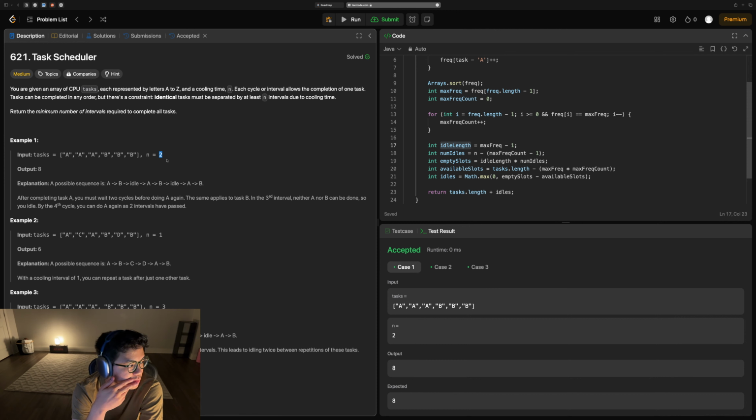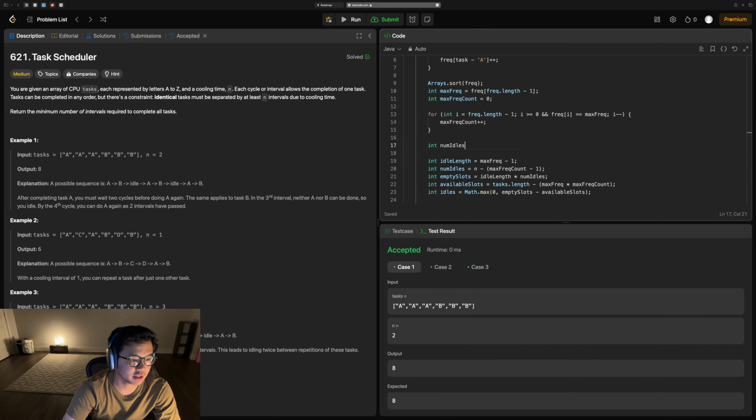So we take the max frequency and then 3. This isn't idle length. Max frequency minus 1 will equal the number of idles. And then n minus max frequency count. Okay.